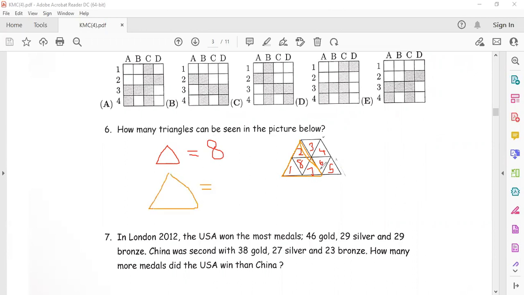And see how many can you find. You will see that you can find one more hidden here. So this is 2 big triangles, 8 small triangles. That gives us a total of 10 triangles. All right. Okay. So that's our question 6.